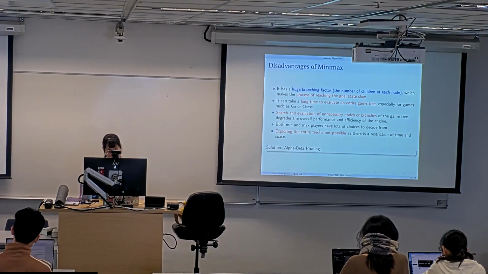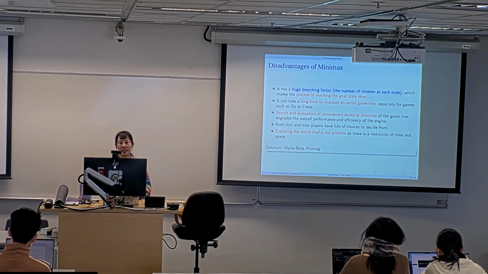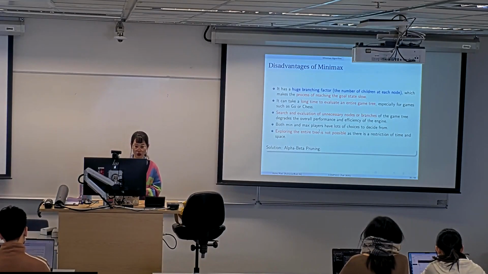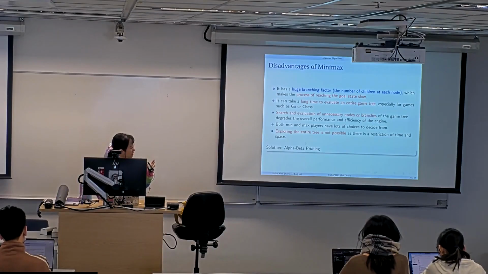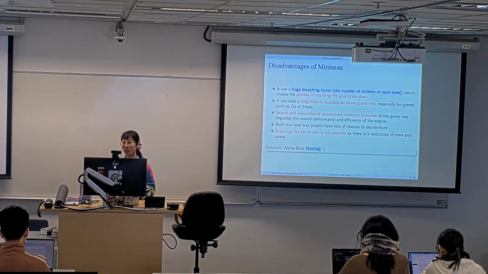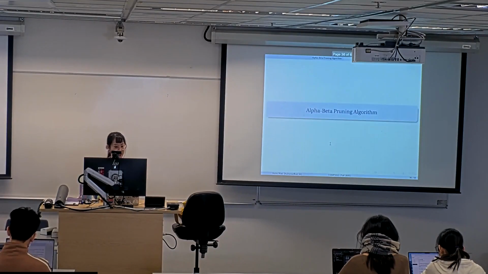So the evaluation of the game tree still runs the same mechanism of Minimax, but with alpha-beta pruning, of course, you'll notice that the keyword is pruning. That means now it's not the complete game tree, because some nodes or some branches will be pruned. Then let's see what the alpha-beta pruning algorithm is.